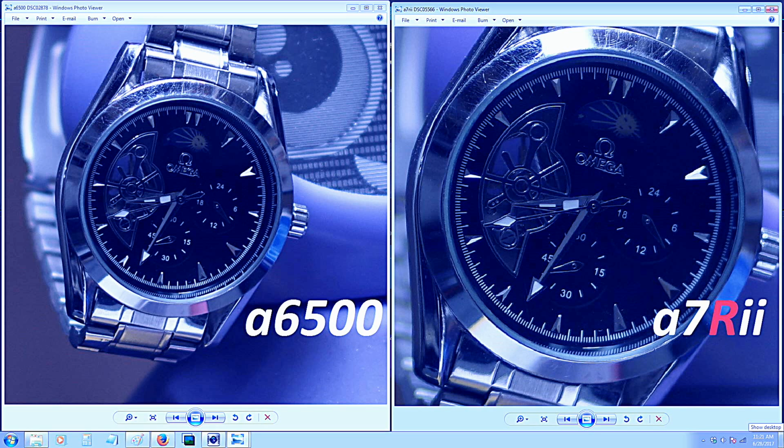Sharpness is amazing, right? So that's the advantage the Sony a7R2 has over the Sony a6500. This is why I kept the Sony a7R2 camera. Of course, we're talking about the same quality type of lens.